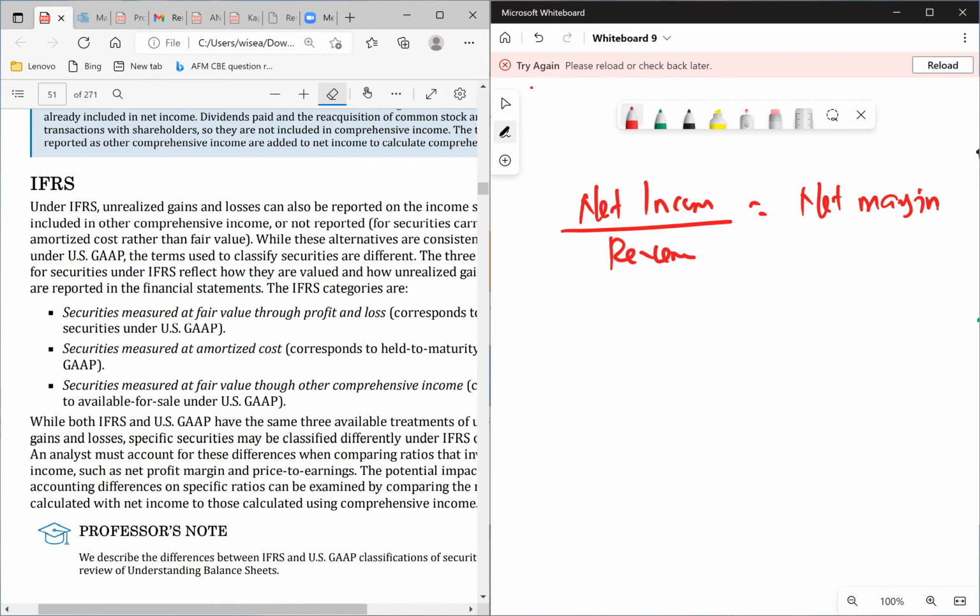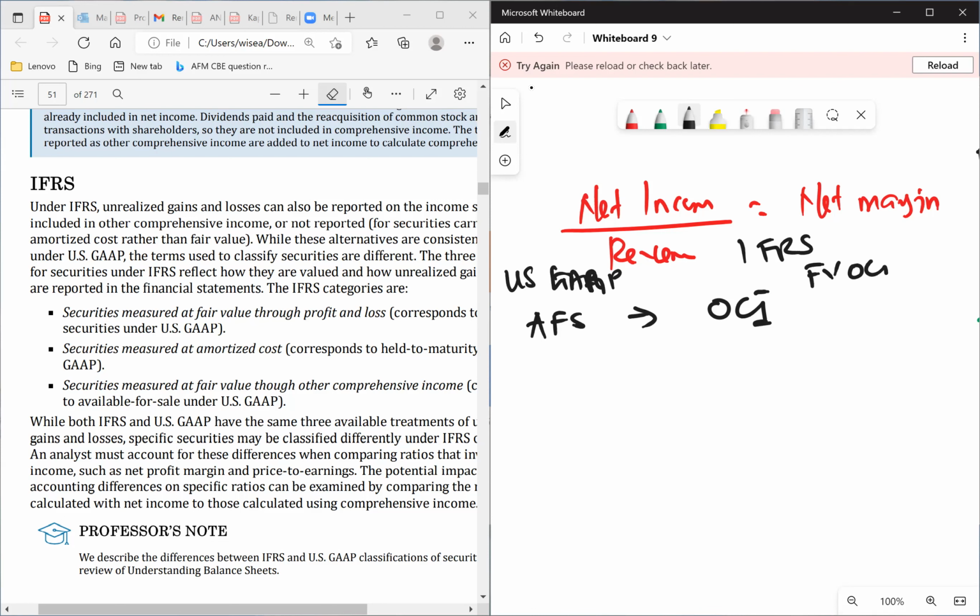The fair value through P&L, fair value. So remember, instruments measured as available for sale: changes in their value will be passed through OCI, other comprehensive income. So this is US GAAP. US GAAP will say that the instruments are classified as available for sale, but IFRS will say that the instruments are classified as securities, fair value through OCI.